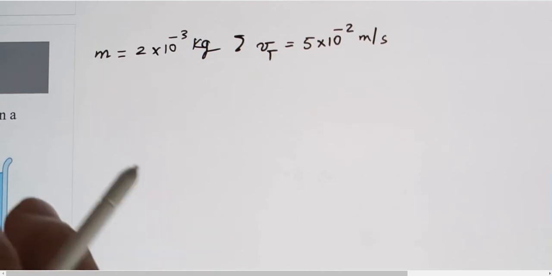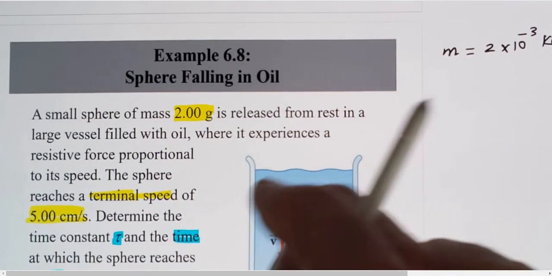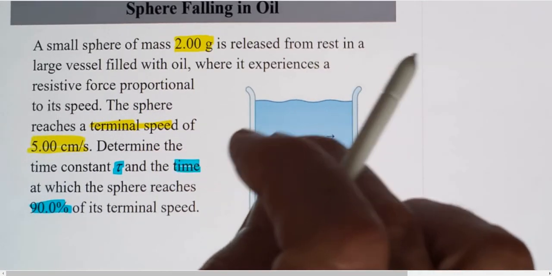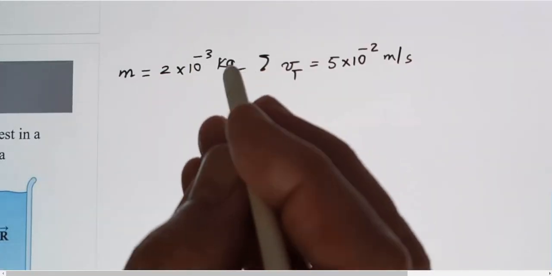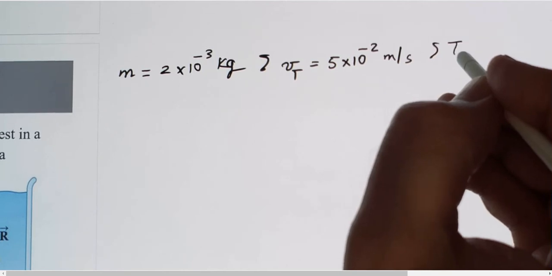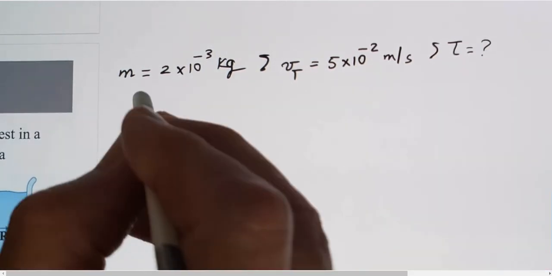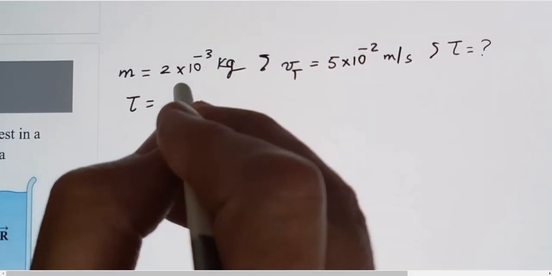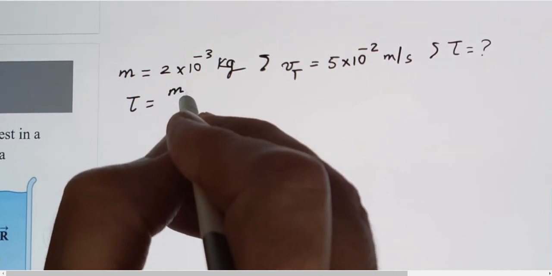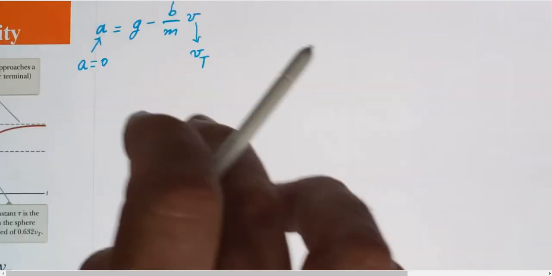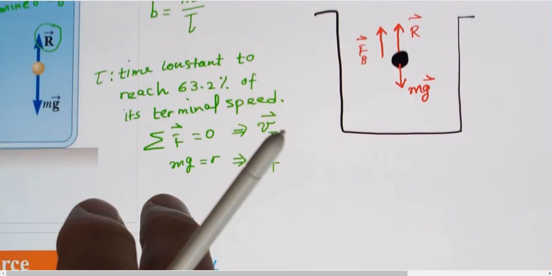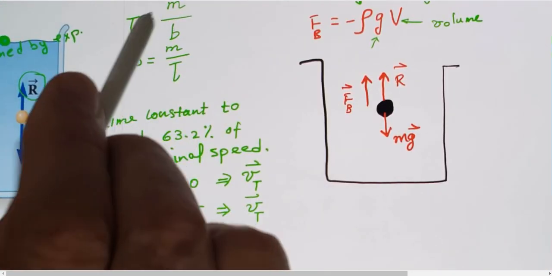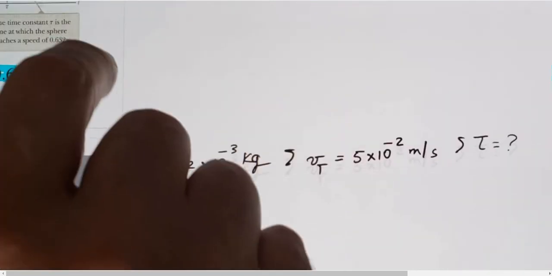So he asks us the first part, determine the time constant tau. So what do we have? He wants tau. Well, tau is equal to m over b. We just wrote it here. Tau is equal to m over b.